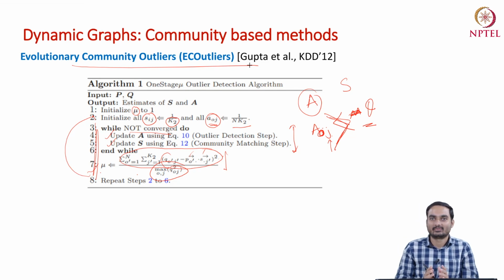So what have we learned so far? We have learned how to define an outlier. Outlier is an ill-defined problem; depending on the application, we define outliers. Then we looked at static graphs and different types of algorithms for static graphs: feature based, non-feature based, community based.